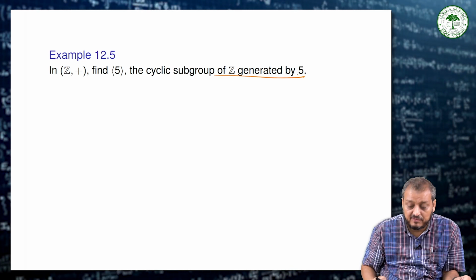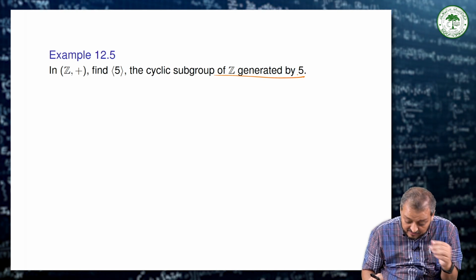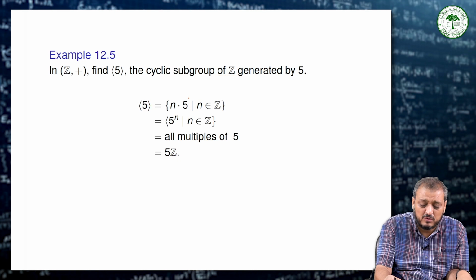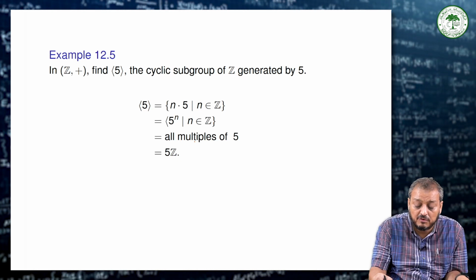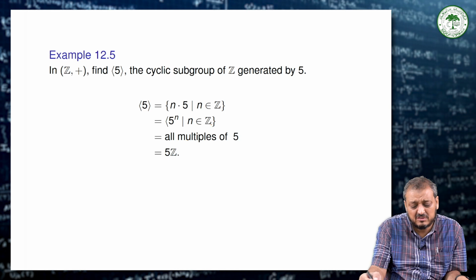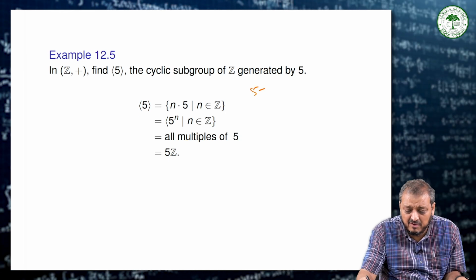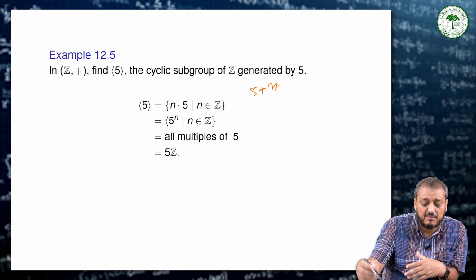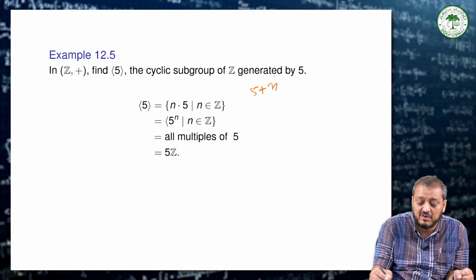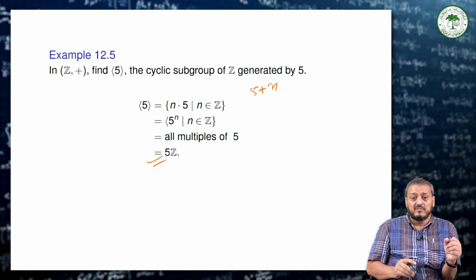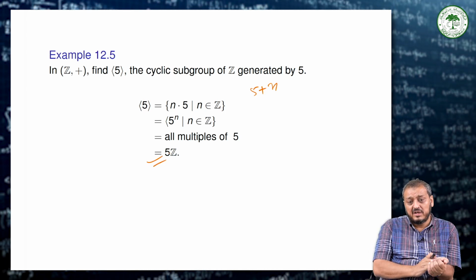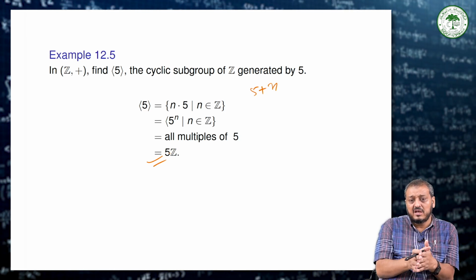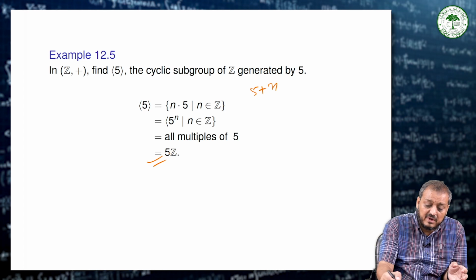We take 5 to the power n, that is n times 5, so all multiples of 5, with n an element of Z. We can write this as 5Z, the set of all multiples of 5. So all of 5Z is the cyclic subgroup of Z generated by 5.